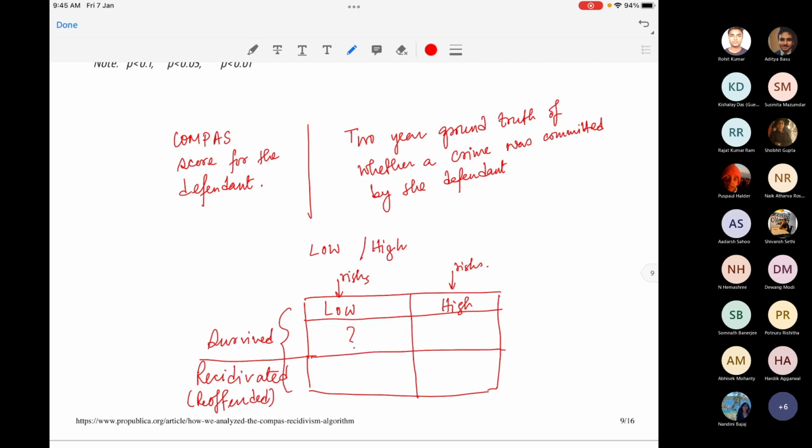Now tell me, what will these numbers tell you? True positive, false positive, those things from machine learning. Which one is true positive? Which one is false positive? What is this first cell?